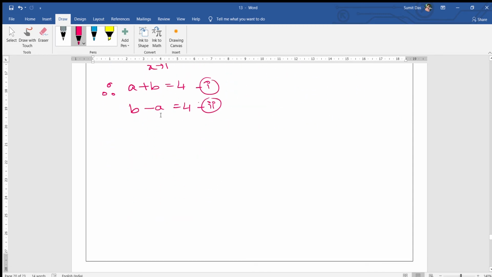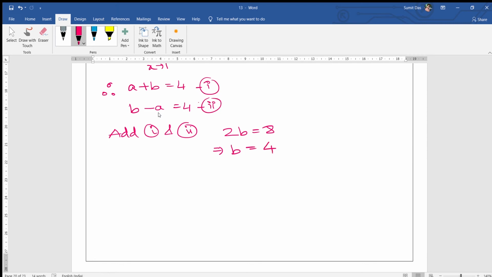How to solve? If you add these two equations, 1 and 2, a cancels. We get 2b equal to 8. Therefore, b equal to 4.